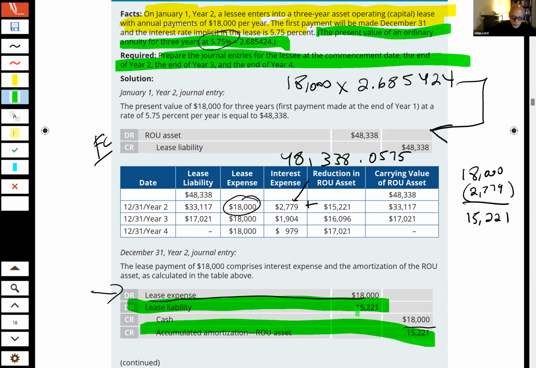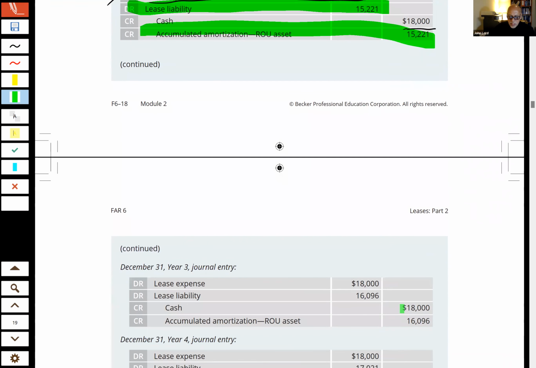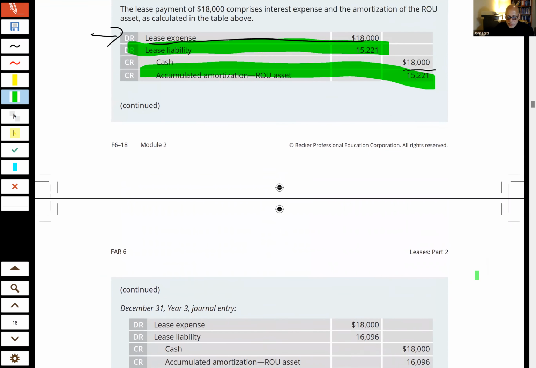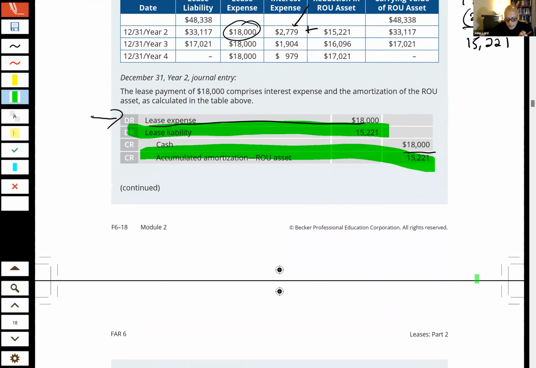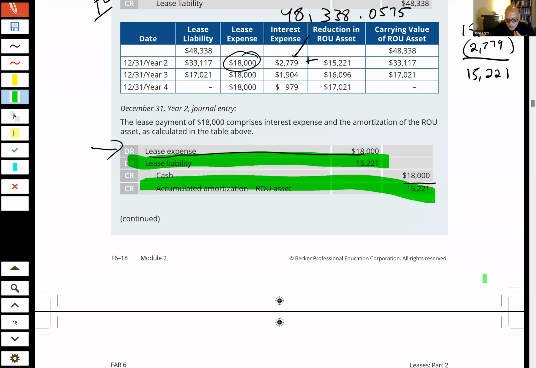As you go through the rest of this, because they asked for the different years, it's simply amortizing that liability. The amount that gets paid out is 18,000, but then you have the difference between the 18,000 and the interest expense. More goes towards the reduction of the asset as you amortize that down.